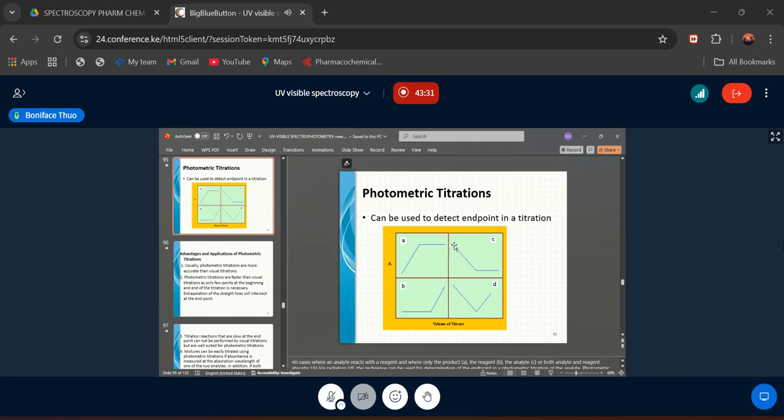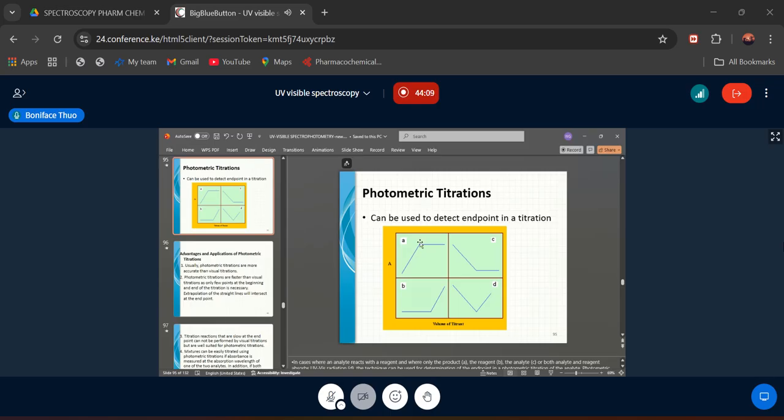So this means that the analyte is absorbing, but the product is not absorbing. In the fourth case, you can have the analyte absorbing, and as it reacts, the product is not absorbing, so the absorbance decreases to a minimum value and then increases because the titrant is also absorbing. So when it is in excess, then its absorbance will reflect.